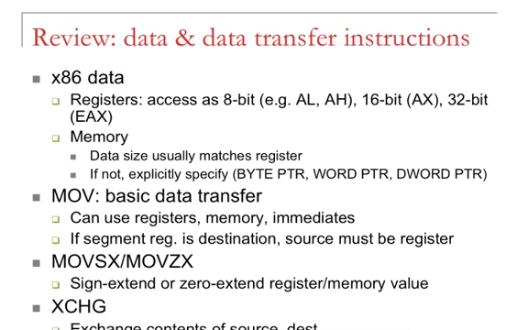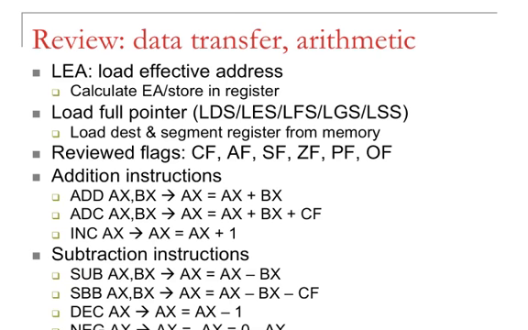For exchange, that's straightforward, just exchange the content between the source and destination. Load effective address is to calculate the effective address and store that into the destination operand, typically a register.